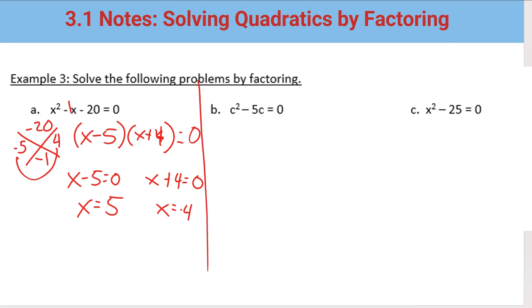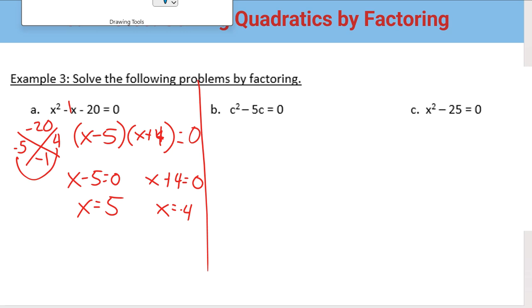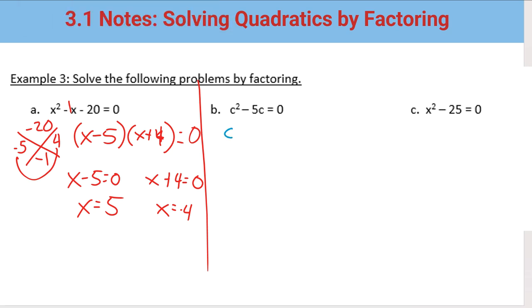Same thing here. I have no c term, right? I have no plus or minus at the end that doesn't contain a variable. So I'm going to use greatest common factor, and they both can factor out a c. Right?